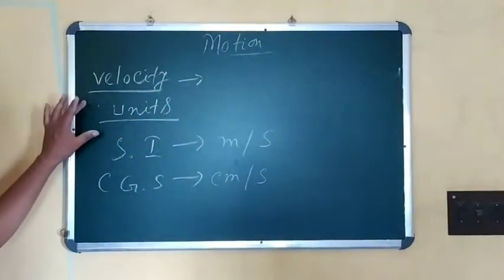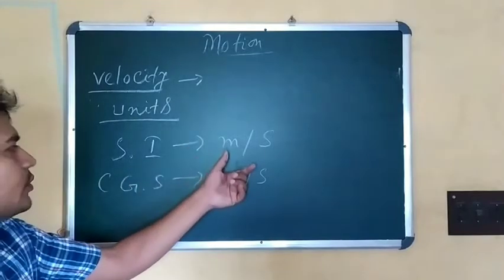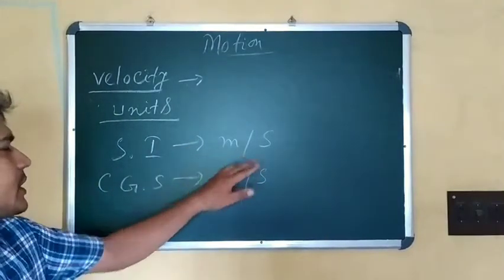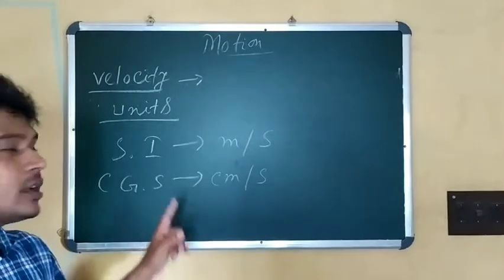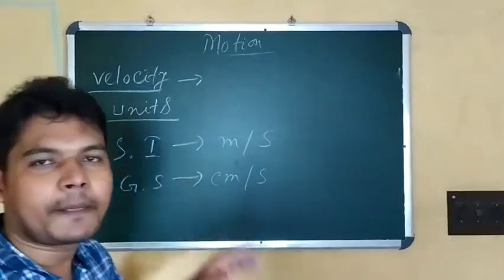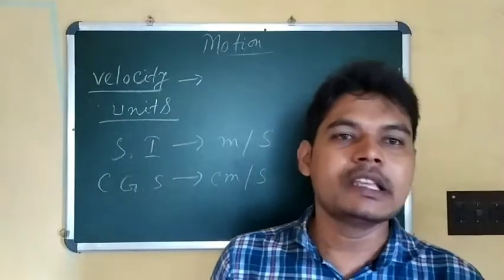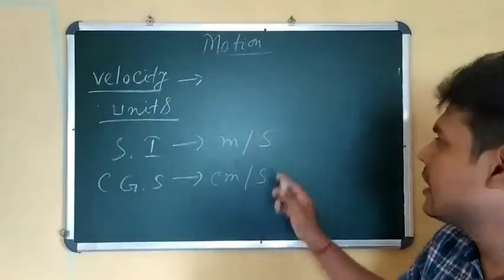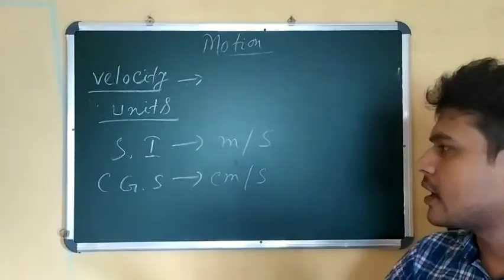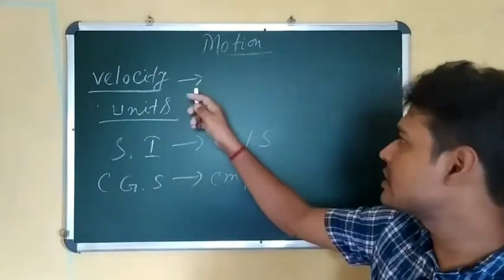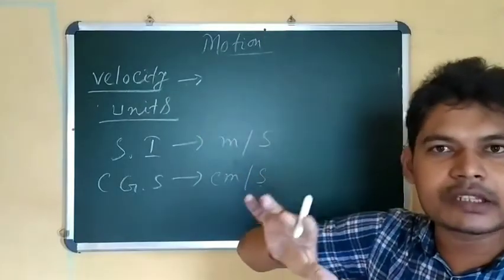So speed and velocity both have the same unit. In SI it is meter per second and in CGS it is centimeter per second, but both these are two types. Okay, speed is a scalar quantity and velocity is a vector quantity. Speed has no fixed direction, but velocity has a fixed direction.